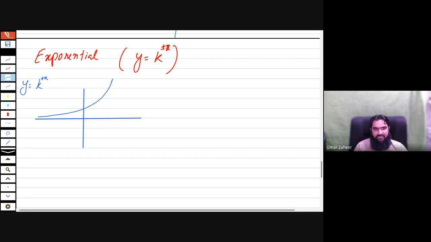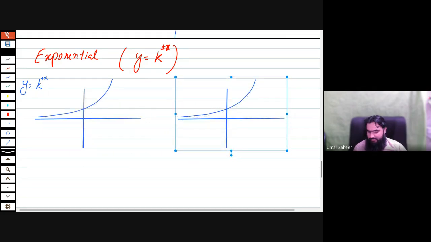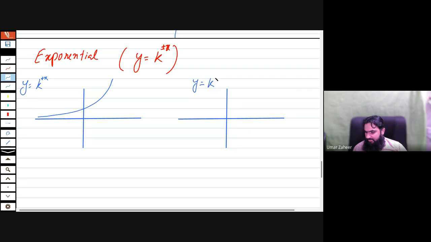It just crosses and moves towards the left side. And if I change the sign of the variable, you have y is equal to k to the power minus x instead of plus x. So look here, it is right to left. Now just go from left to right.